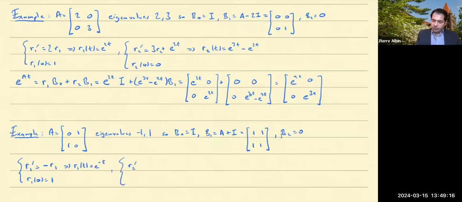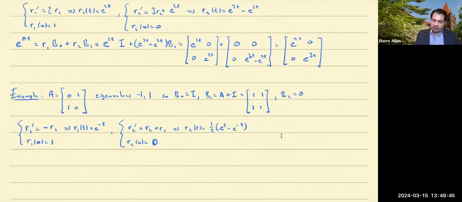And then R2 prime would be equal to R2 plus R1. R2 of 0 is equal to 0. So again, we find this by finding a particular solution and then adding the general solution of the associated homogeneous. In this case, you can work out that it's 1/2 of e to the t minus e to the minus t.